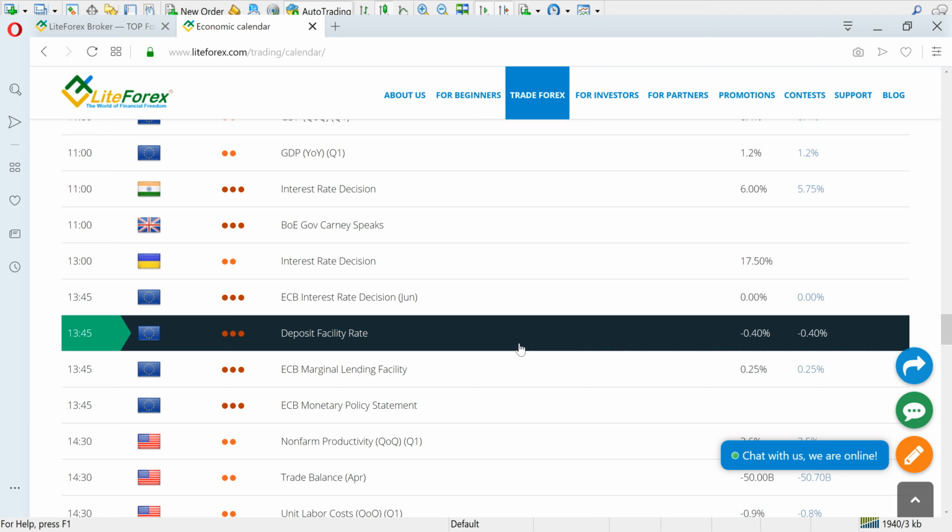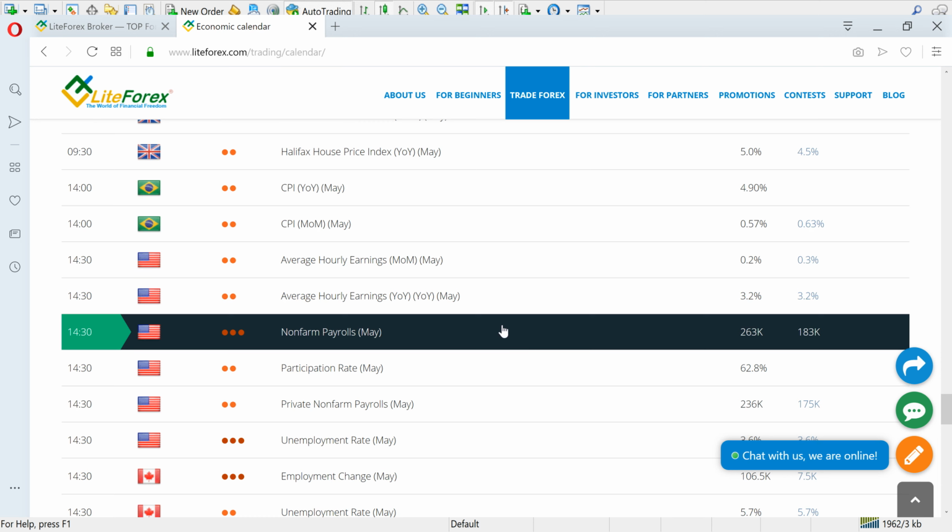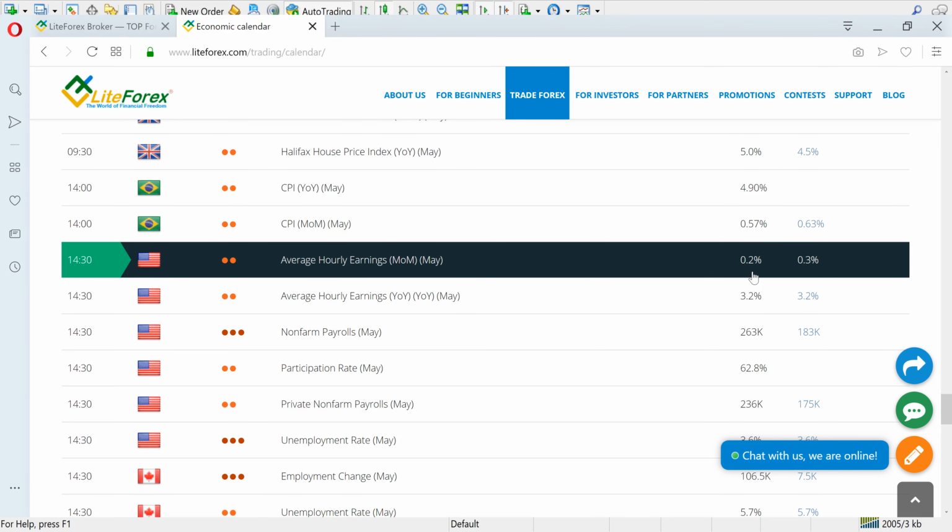Also, Thursday will bring some Canadian figures. And Friday, the first Friday of the month, and guess what? America will release non-farm payrolls, also known as NFP, the indicator which usually provokes big movements in all currency pairs containing the USD. Also, the United States will publish the average earnings indicator and unemployment rate.